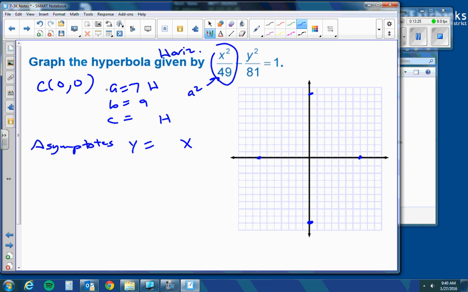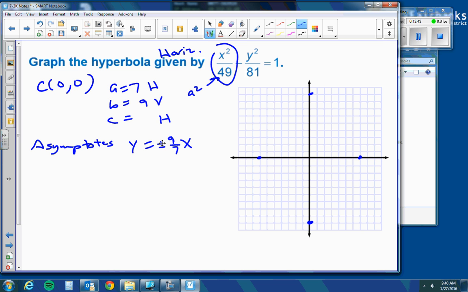The slope uses A and B. Well, in this case, would it be B over A or A over B? Slope is always vertical over horizontal, isn't it? So in this problem, it's 9 over 7, not 7 over 9, because the 7 is horizontal, so the 9 is vertical. So I'm saying the slope of the asymptotes will be 9 over 7.